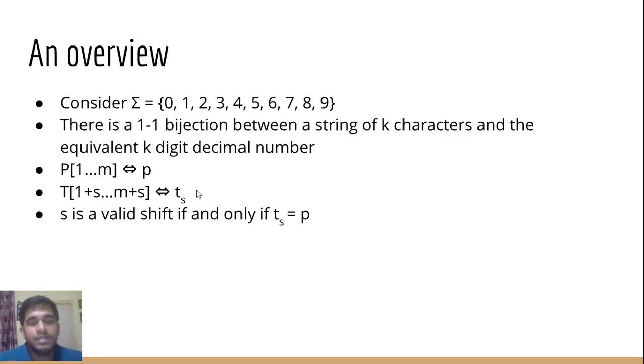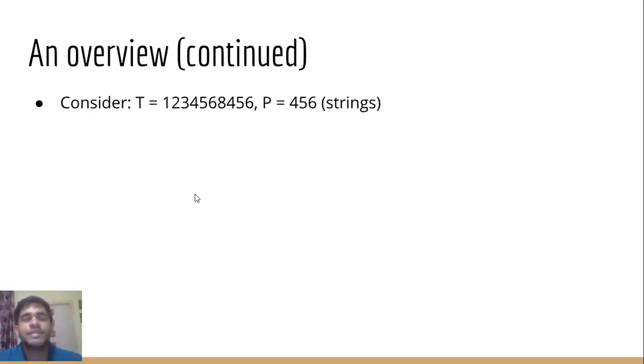It is basically clear that S is a valid shift if and only if Ts equals p, for when Ts is actually p, the number represented by Ts is the same as the number represented by p. That basically means that the string represented by Ts is the same as the string represented by P, and that's what matching is about. Let me try to make that clear with an example.